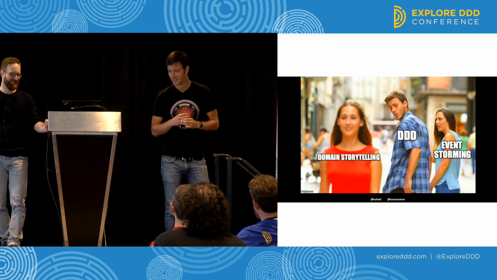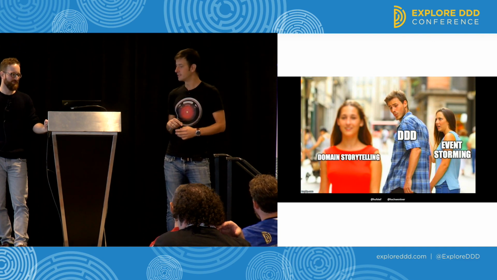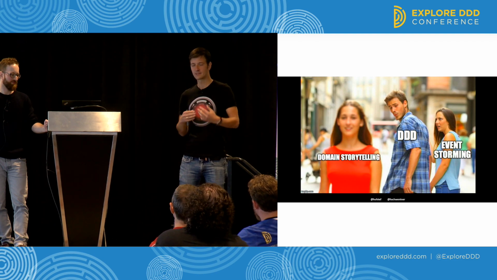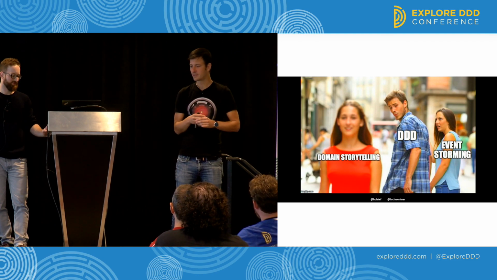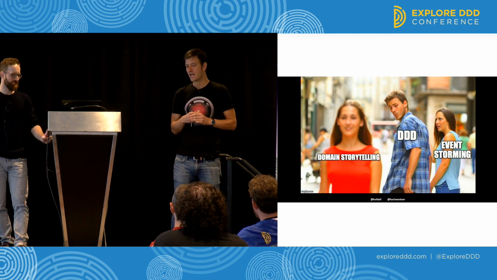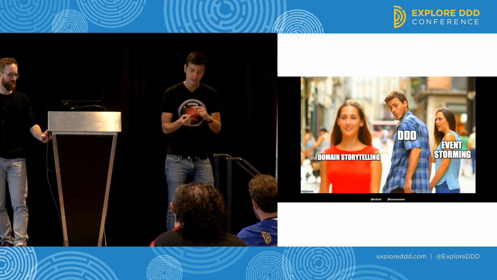That's German. But the ideas behind it are good, so Stefan came up with a better name for it, domain storytelling, and that's why we're now traveling around with the ideas so other people can use them.